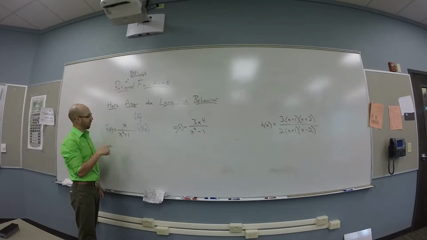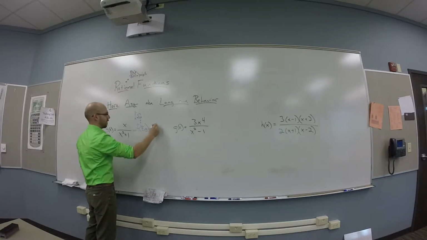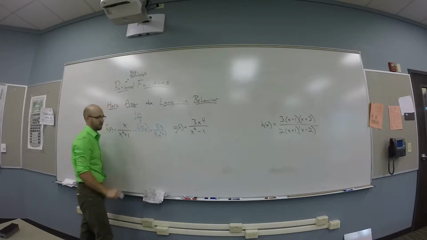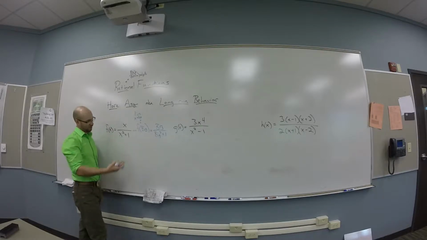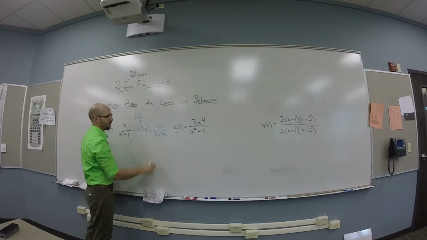Okay, so if I put a really big number in here, I get big over big squared plus 1. Does adding 1 to big squared make a difference? Not really, so we'll just dump that piece.